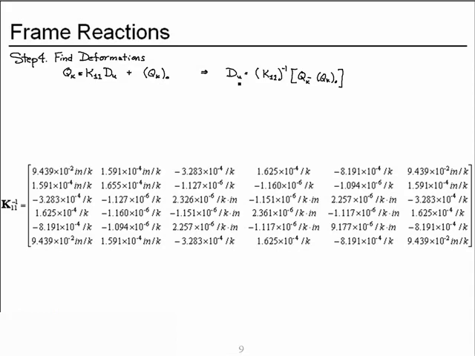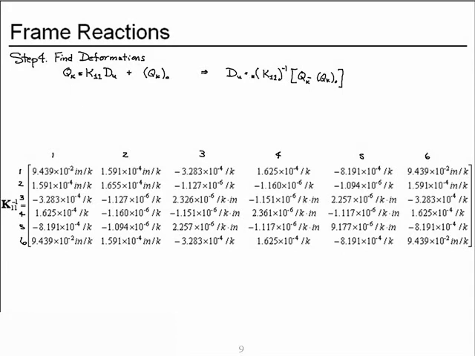Now, the most efficient algorithm for solving this system of equations is to not actually invert this matrix, but to use something like Gaussian elimination. But in this case, I have used a numerical method to invert the matrix and have provided it here, and it is in degree of freedom sequence for our 6 unconstrained degrees of freedom.